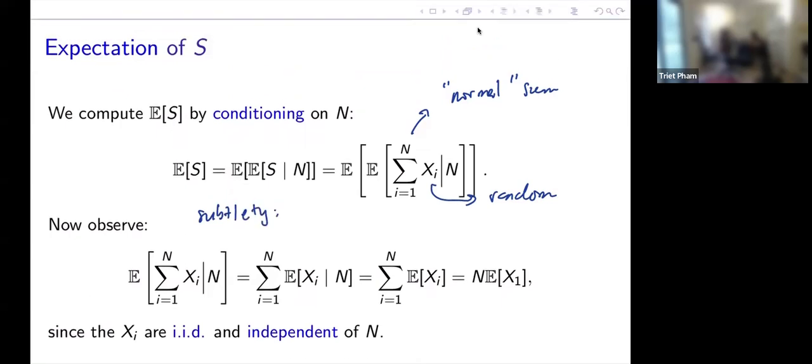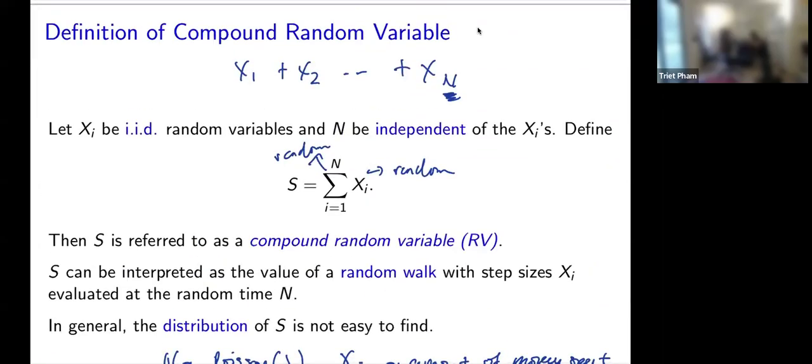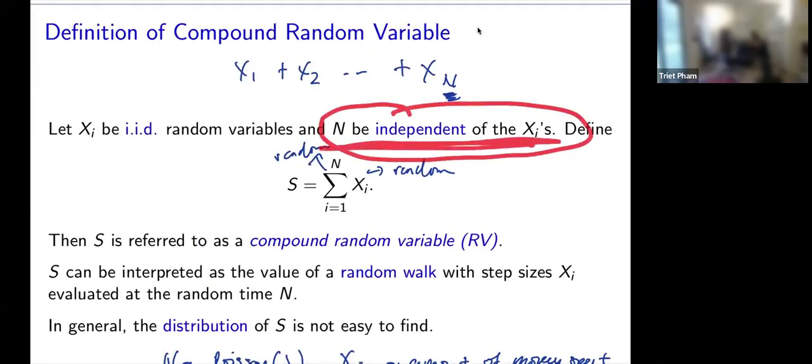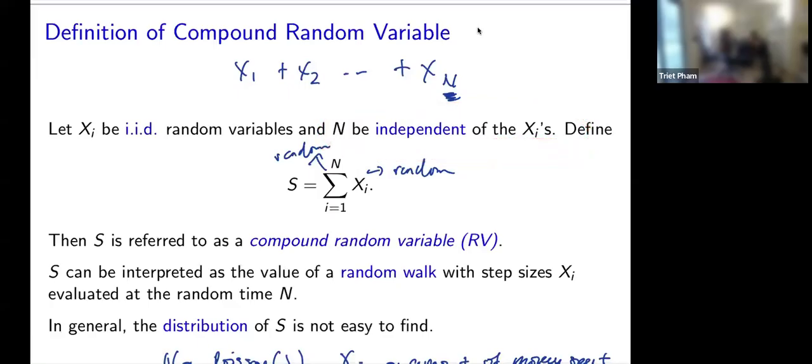Notice that the assumption is that N is independent of all the xi's. That's crucial. It means that in the example of people spending money at the store, the number of people coming into the store is independent of the individual spending. Which sounds like it's actually not true. I guess the more expensive the store is, the fewer people come in, whatever. But let's say that they're independent.